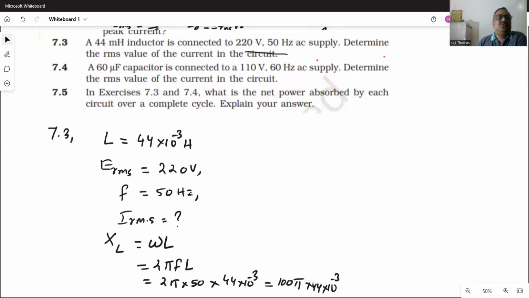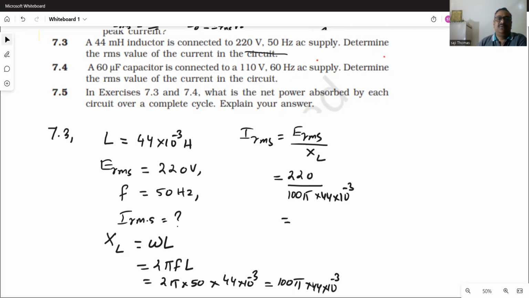You need the value of RMS current. So what is the equation for RMS current? IRMS equals ERMS divided by XL. So you have to substitute the values. ERMS is given, 220 volt, divided by XL, which is 100 pi into 44 into 10 to the power minus 3.